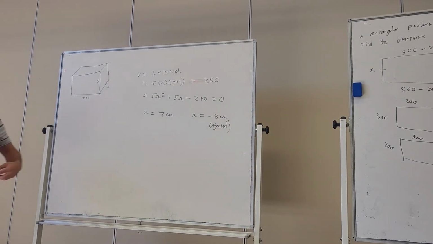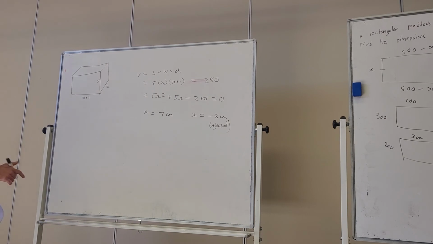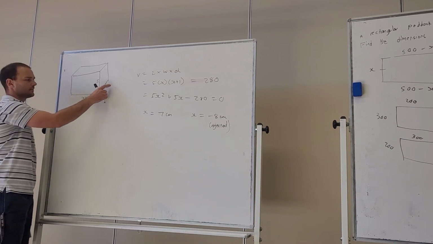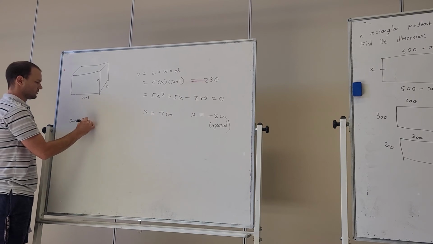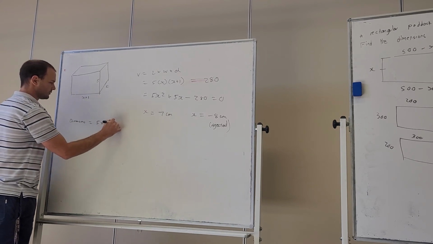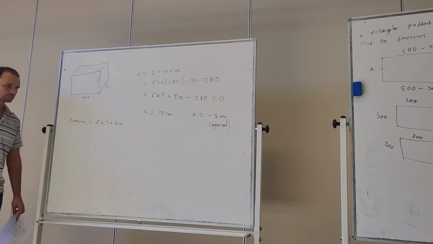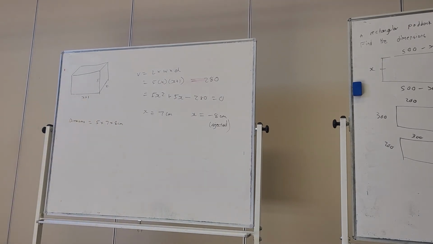And so that means this is the only solution we're interested in. And we need to state the dimensions of the box. Okay, so the dimensions are going to be 5 by 7 by 8. That's our solution.